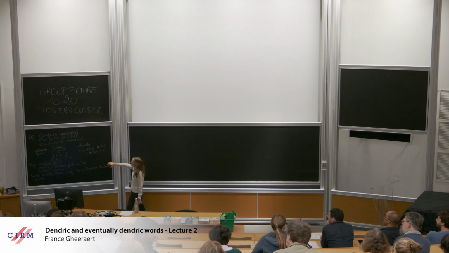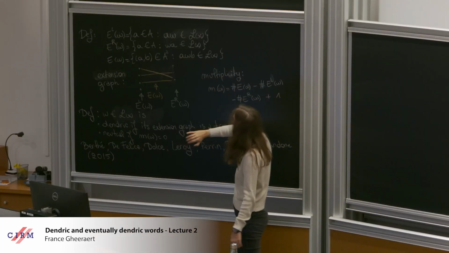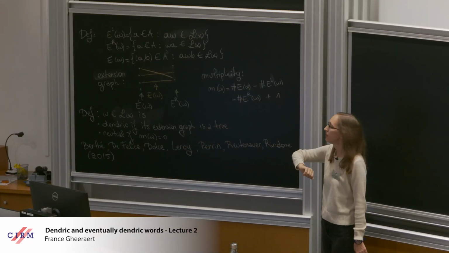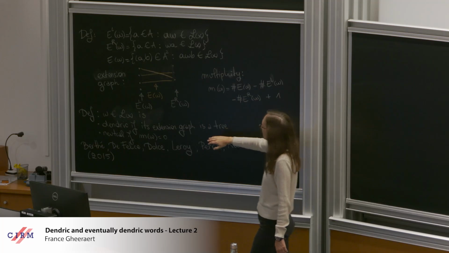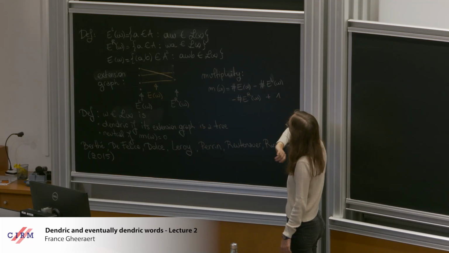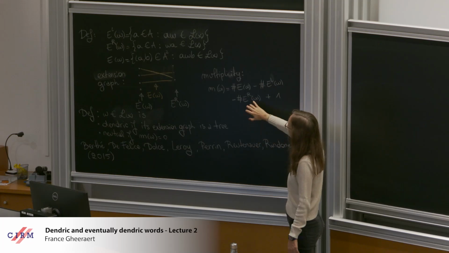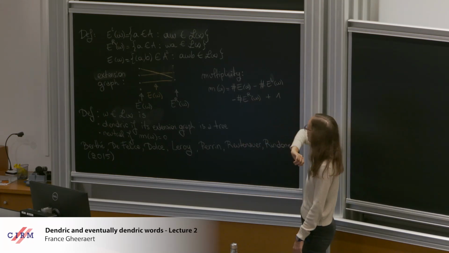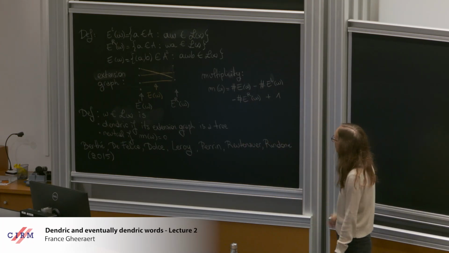The first is neutrality, which is based on the multiplicity. Being neutral means that the number of two-sided extensions minus the number of left extensions minus the number of right extensions plus 1 is equal to 0.